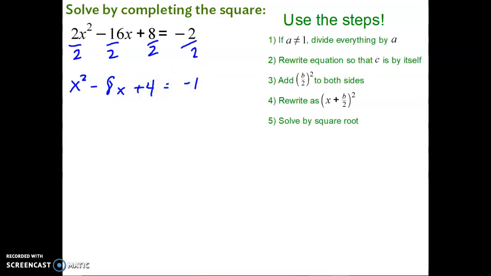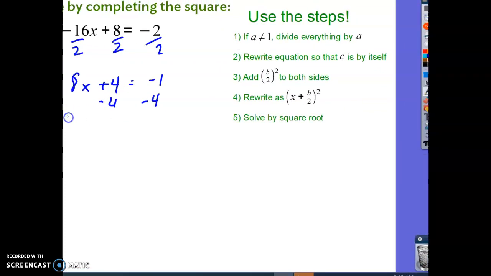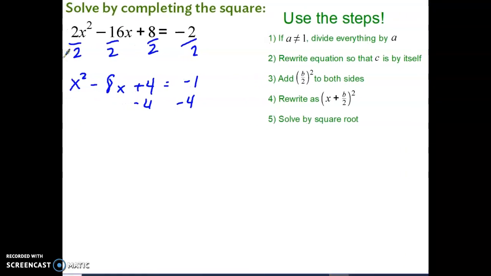Okay, now the second thing says rewrite the equation so that c is by itself, which means I need to move this over to the other side. So I'm going to subtract 4 on both sides. So I get x squared minus 8x.